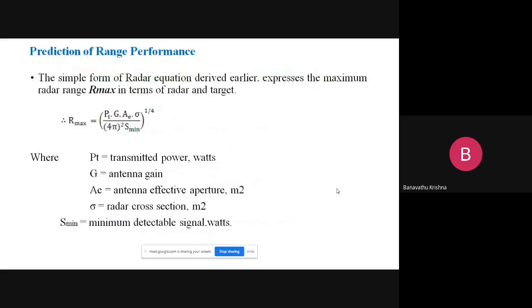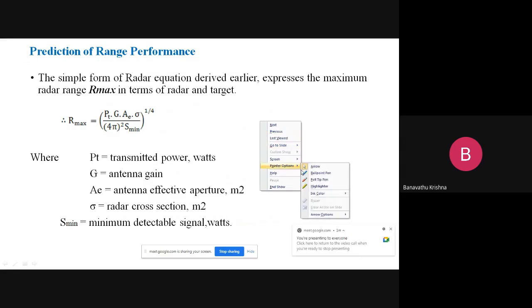In this session, I am giving a lecture on prediction of range performance. Already we know the simple form or standard form of the radar equation in order to find the range of radar. These are the major points.